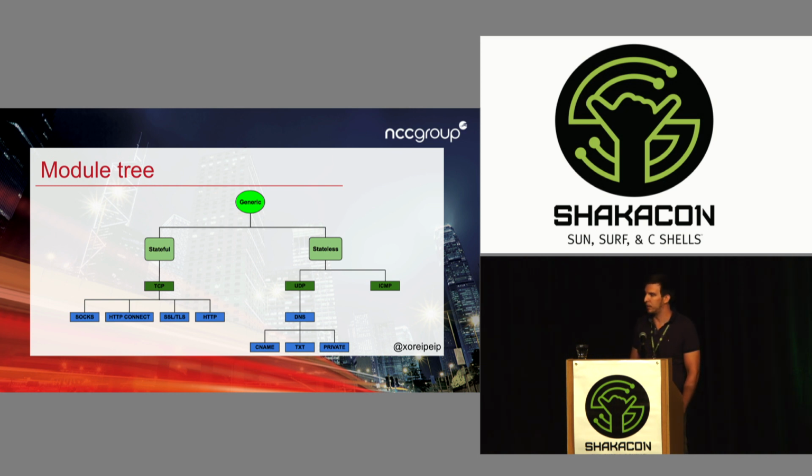We have 3 different skeleton modules here: the generic, the stateful, and stateless. These are the basics, the skeletons of all modules. They share the same properties and methods that will be used in all modules, so you don't have to modify these. They are just good as they are.